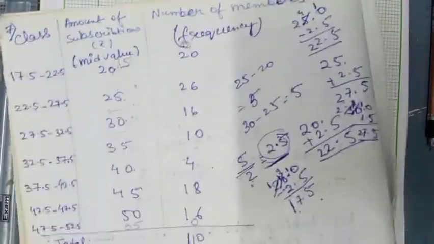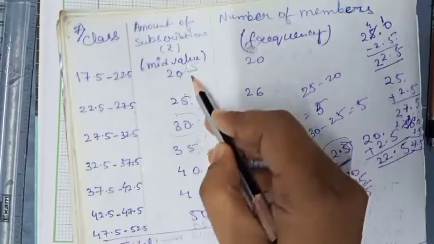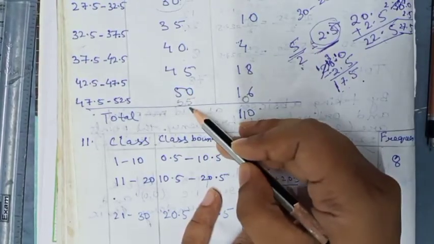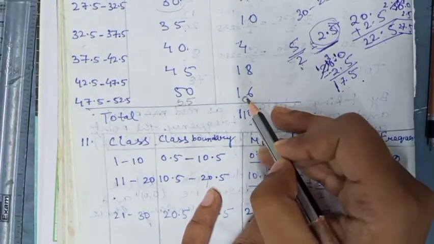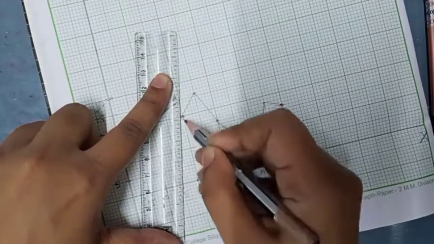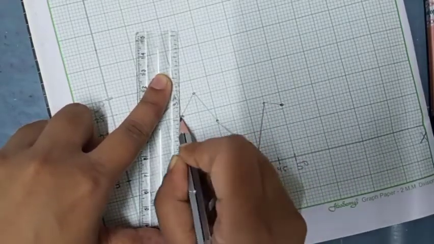So what you will do, see, I am taking mid value 15 because before 20, 15 will come, at that time frequency is 0, and in the last after 50, 55 will come, at that time frequency is 0. It means 15 comma 0, we can attach this one from this.